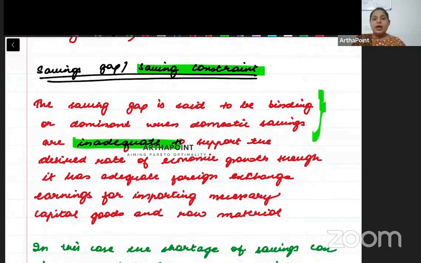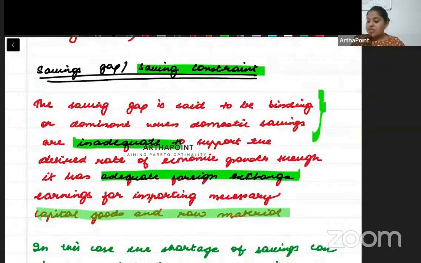Now, you may think, ठीक है, savings अगर काफी नहीं है तो foreign exchange तो है, foreign exchange से development आ जाएगी. The issue here is you have adequate foreign exchange earnings, but you don't import the necessary capital goods in this case.